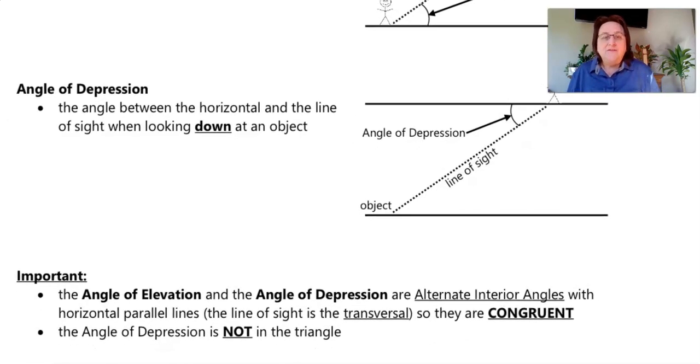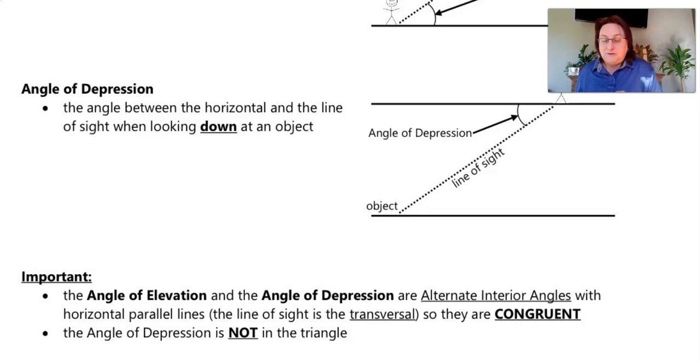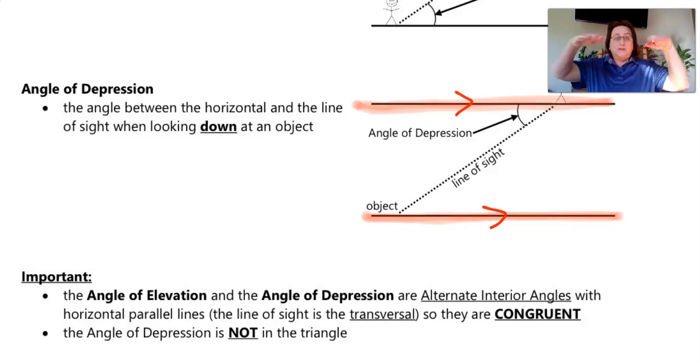So the angle of elevation and the angle of depression are alternate interior angles. And that's because, and I'm going to highlight this, our horizontal line of sight up here and the horizontal line of sight down here, hey guys, those are parallel lines, okay? When we talk about horizontal lines, it doesn't matter where they're at, they're going to be parallel because they're both horizontal.